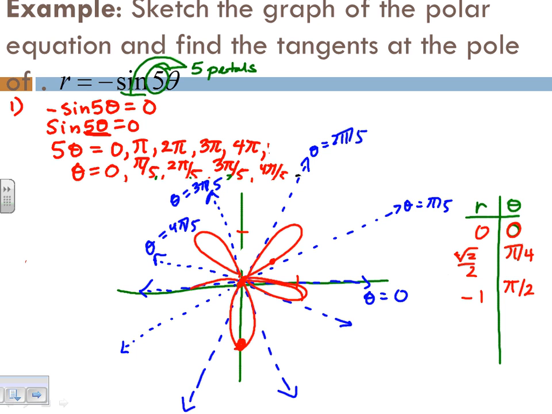Not here. Here. That's really rough. Now, when you actually graph it, it's going to flow for you. It's easier if you get more points. It will be nice and close. So you could get pi over 6, just squeeze in there.